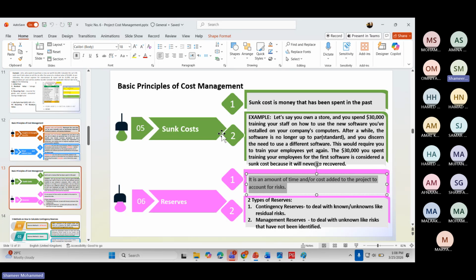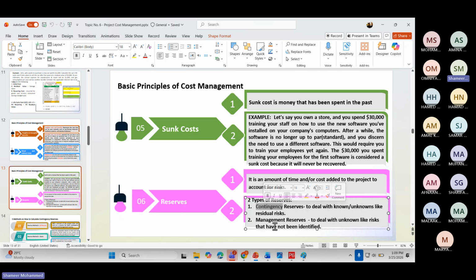That is called reserve. So there are two types of reserves. One is called contingency reserve. This is to deal with known dangers, which is known as risk. This is called contingency reserve.